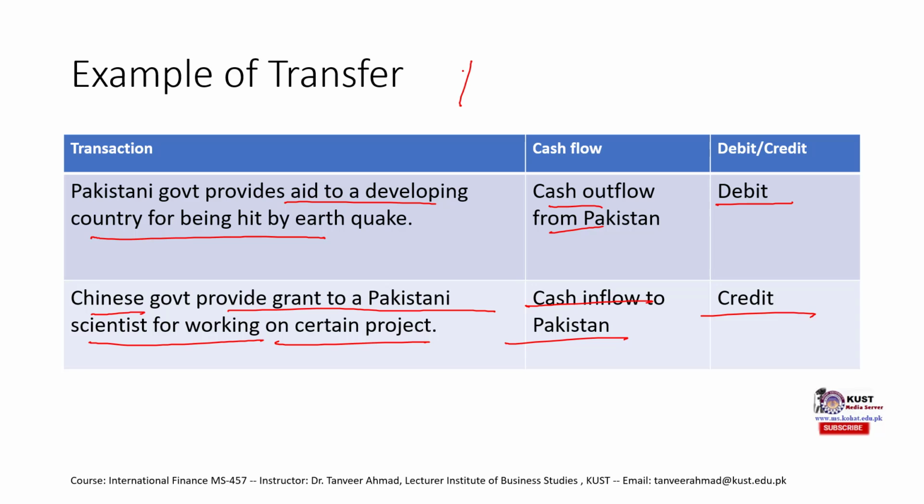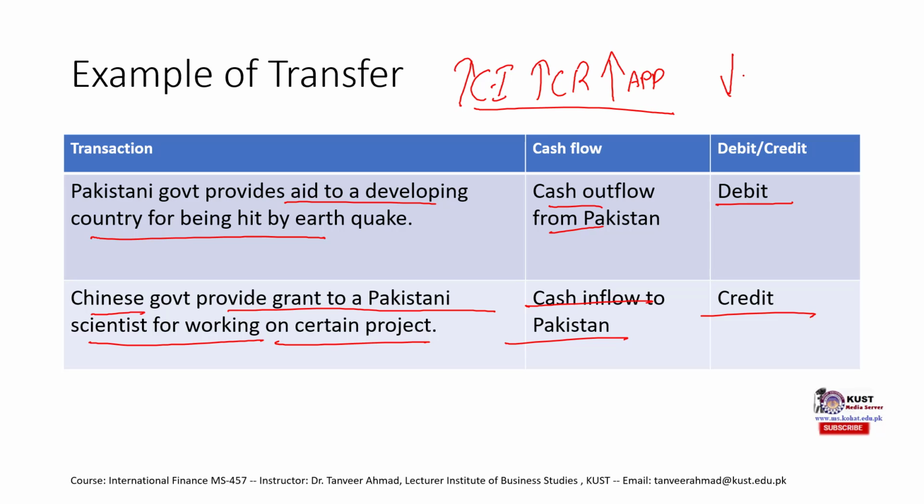Just remember, whenever there is a cash inflow, it would be a credit, and this cash inflow would have a good effect on the currency. By a good effect, I mean there would be an upward pressure on the currency, and upward pressure would lead to an appreciation in the currency.